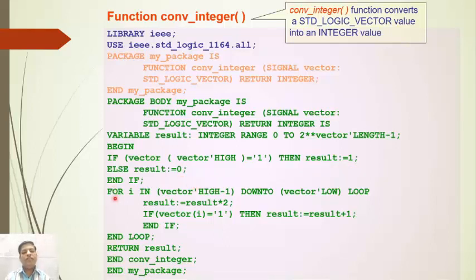And then the for loop: for I in vector'high minus 1 down to vector'low loop. Here, whatever the highest value of the vector is, that is vector'high; suppose the vector has 4 bits, then 4 minus 1 is equal to 3, so 3 down to 0 is the loop.